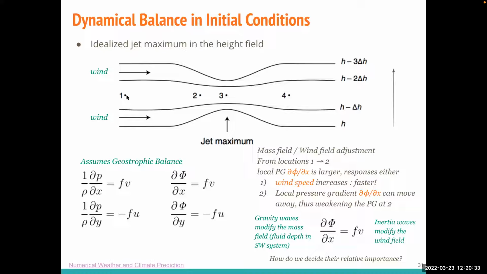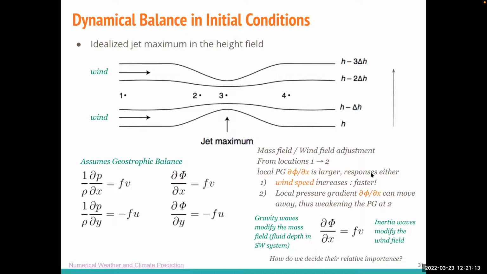If your wind goes from location 1 to location 2, what happened? The change of your height is larger. It's not just x, it's the horizontal distance for the change of your height.